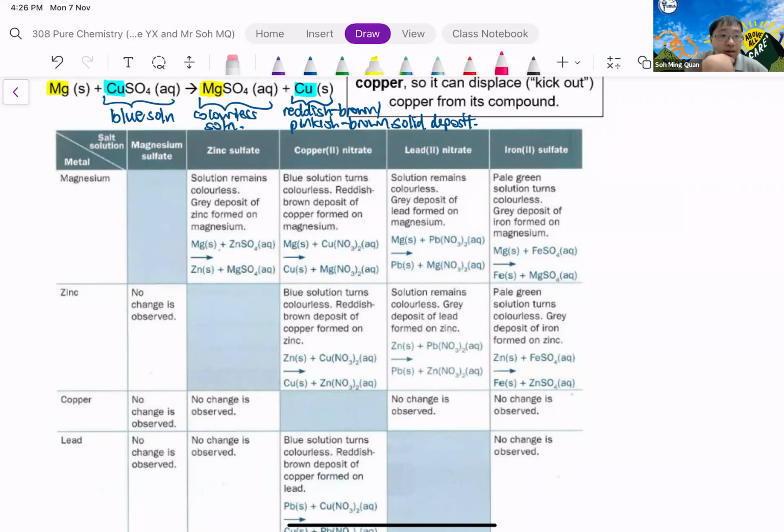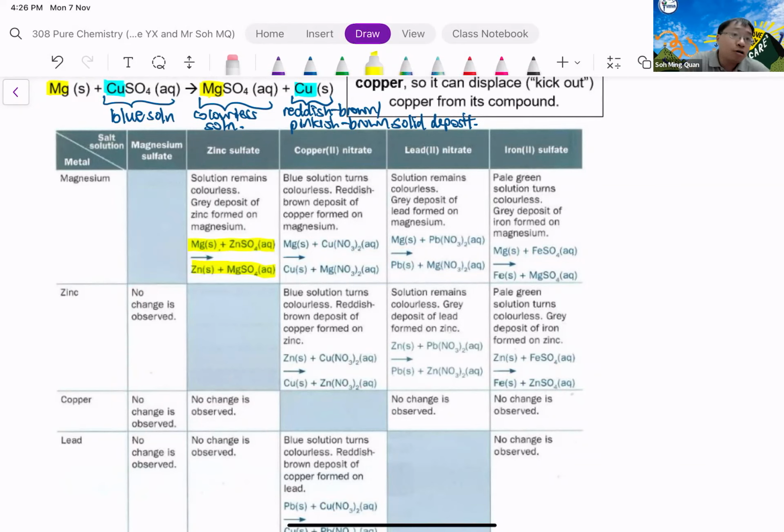Yes, magnesium displaces zinc because magnesium is more reactive than zinc, right? And that's why in the equation you can see Mg + ZnSO4 gives you Zn on its own. Zn has been kicked out, displaced, and now magnesium is together with sulfate.